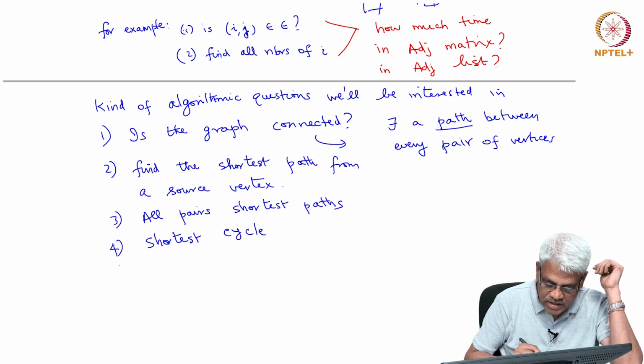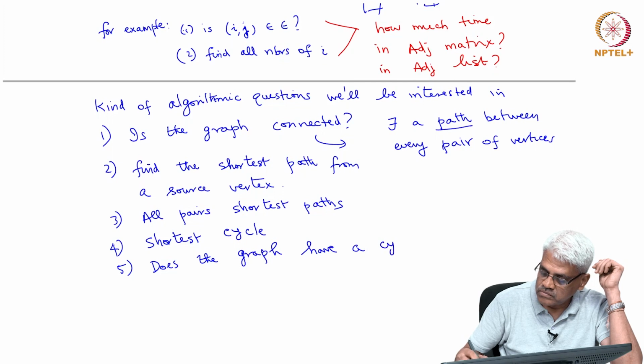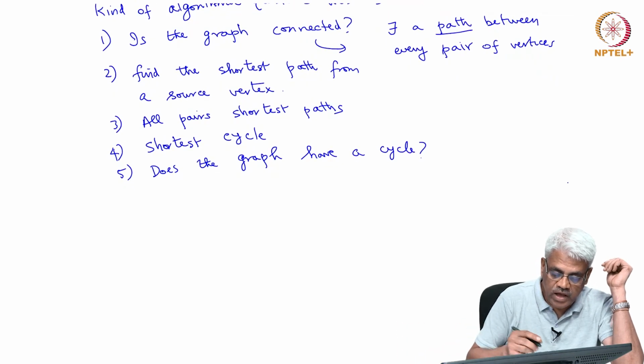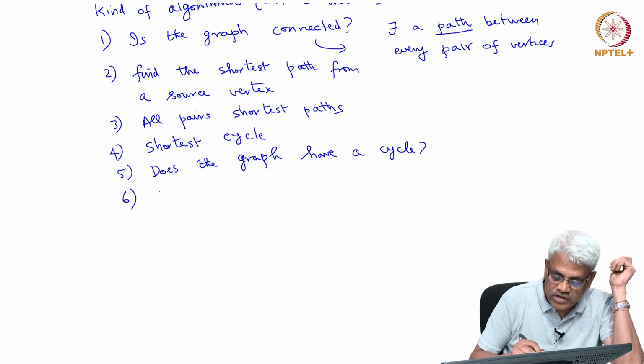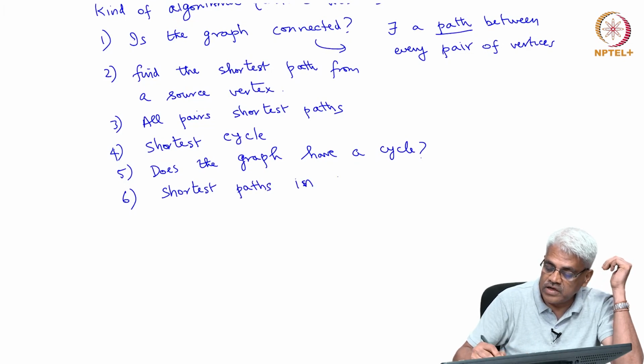I may even ask, does the graph have a cycle? And then you may even have weighted graphs, shortest paths, all pairs, single source, all that in weighted graphs.